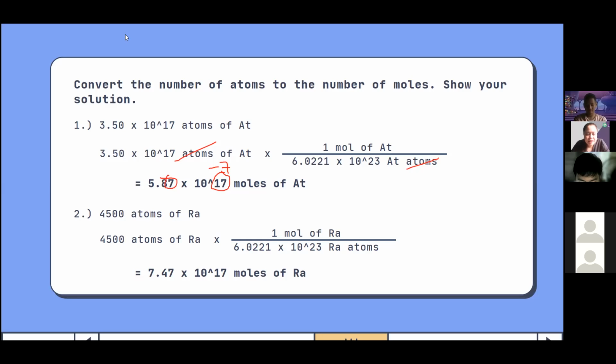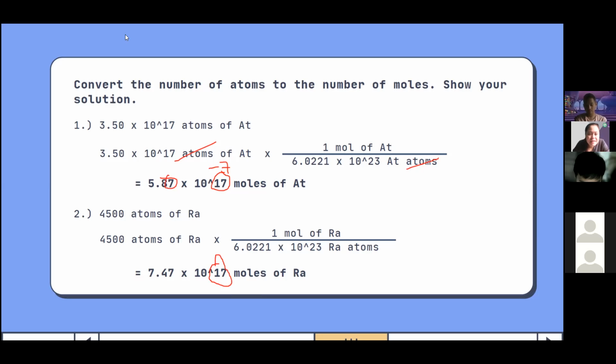Sorry, this one is radium. Divided by 6.0221 times 10 raised to the power of 23. The correct answer is 7.47. What should be the answer here? Ano dapat ito? Tama yung 7. Negative 21 po pala.